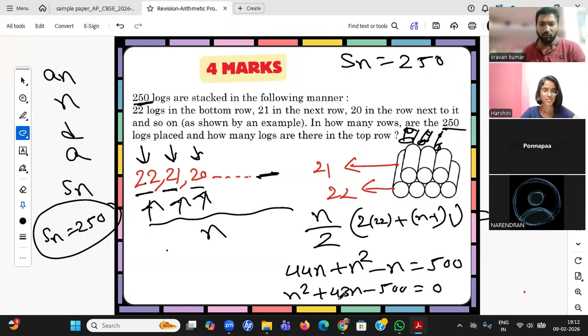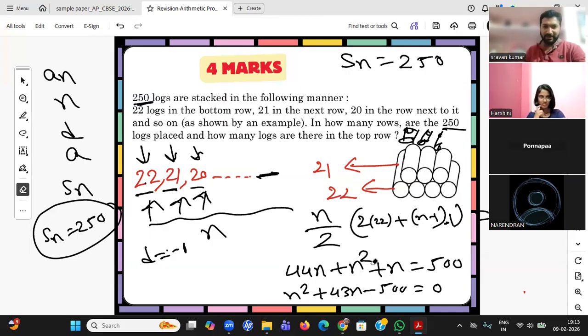Sir, it's 45n. 1 second. So did I make a mistake? N by 2 into 2a plus n minus 1 into d. Yeah, you see, d is minus 1. I am absolutely sorry, 21 minus 22 is minus 1. So that will be plus n minus. So 1 second, student. Let me not skip the step.